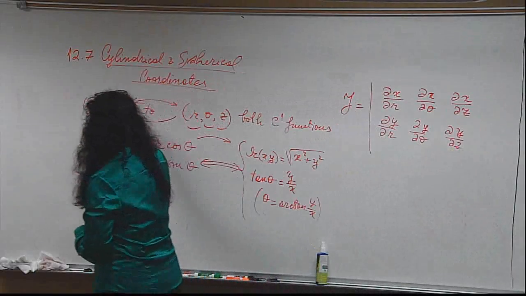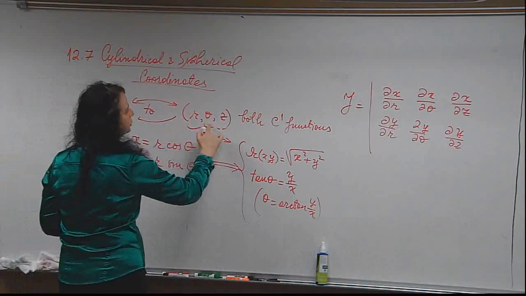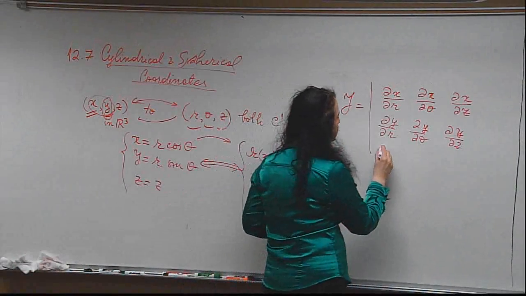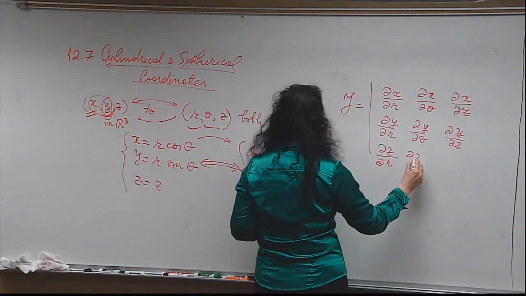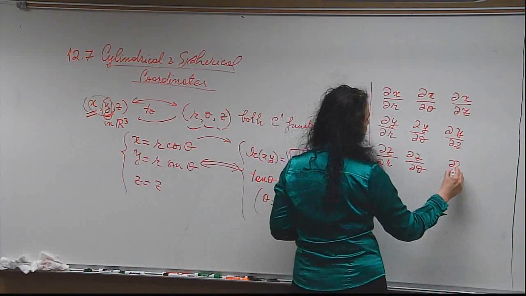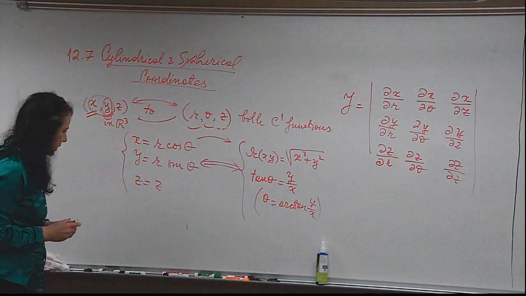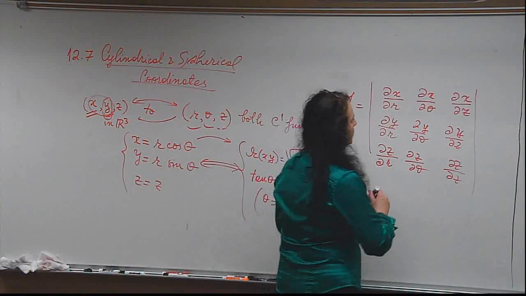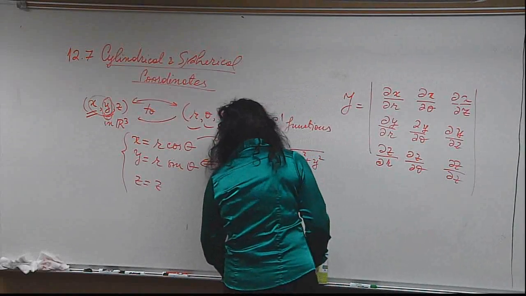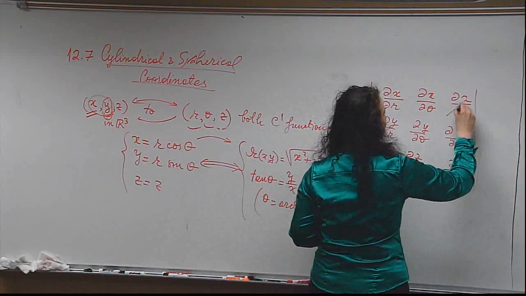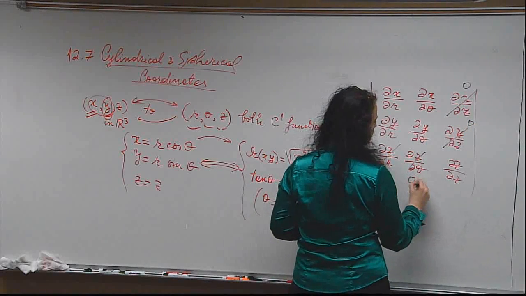So you can take this function of these three variables prime with respect to each of the three variables. And then you take dz with respect to r, with respect to theta, and with respect to z itself. And you say, oh my God, this should be easy because they are independent. Exactly. So you have independence here, this declaration of independence between x and z. So this is 0, this is 0, this is 0, this is 0, this is 1.